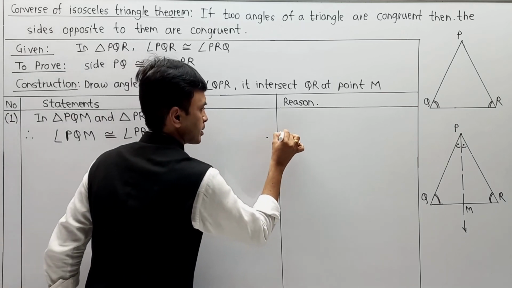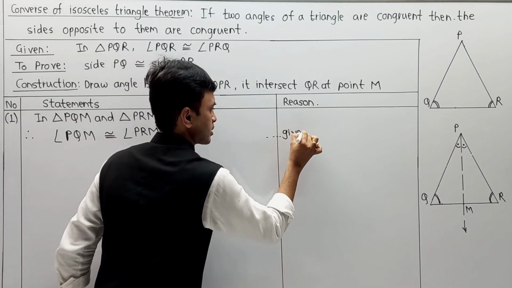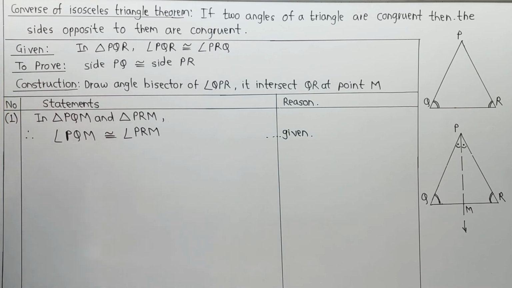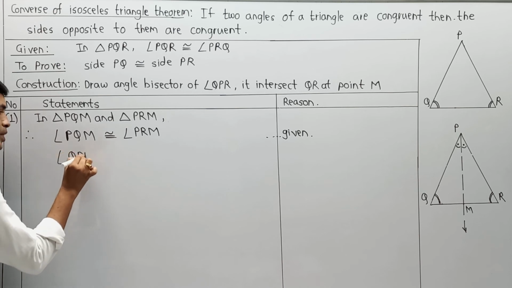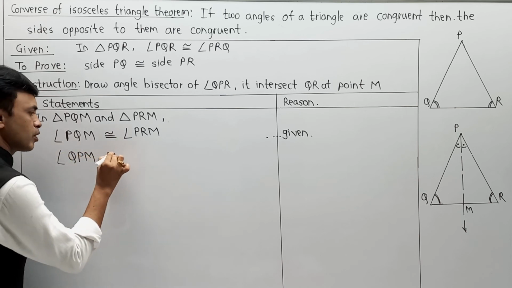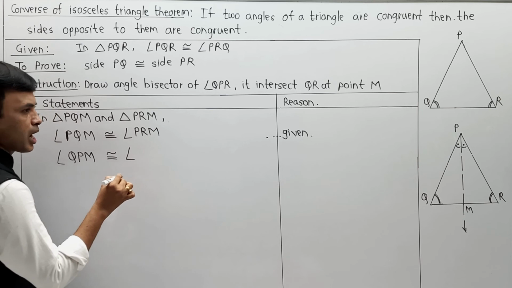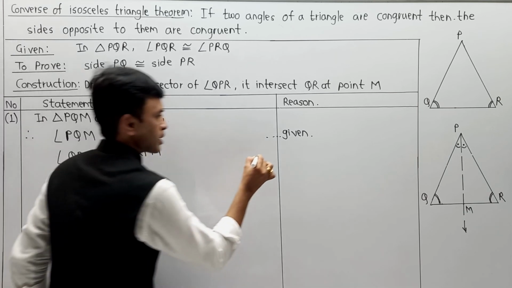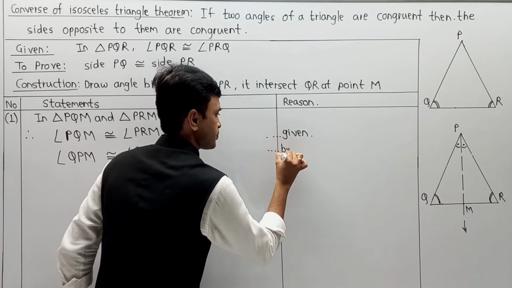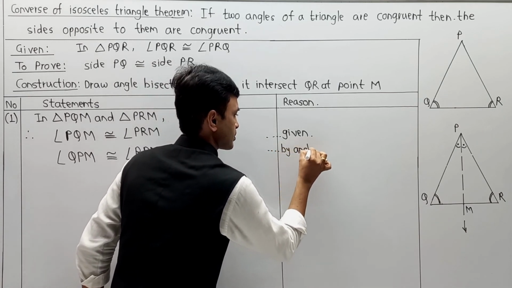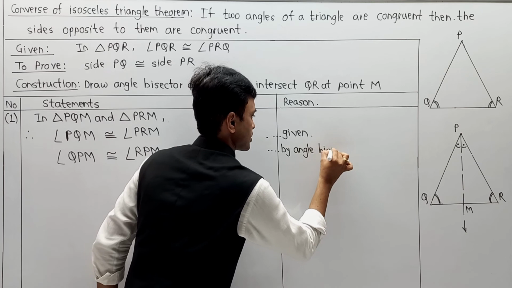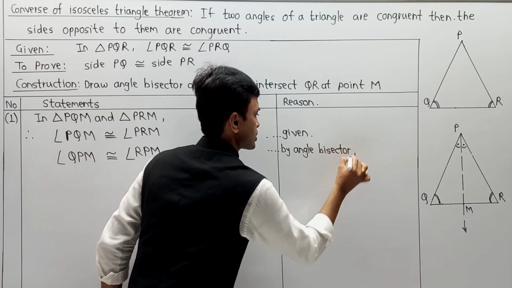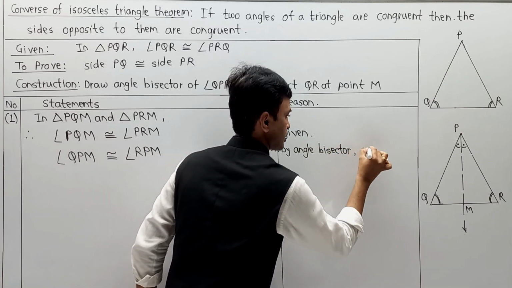Reason, given. Next, angle QPM is congruent to angle RPM by angle bisector, or construction, any way you can write.